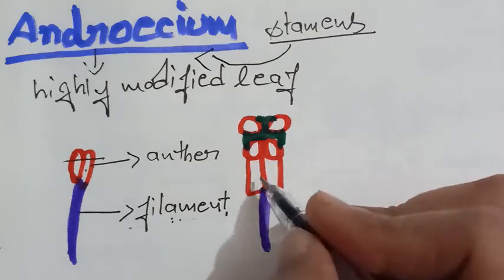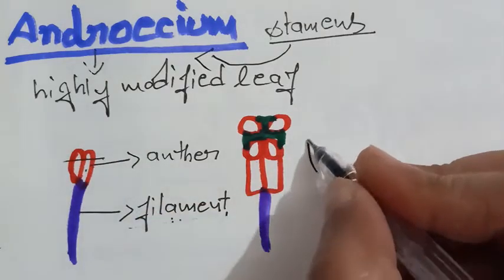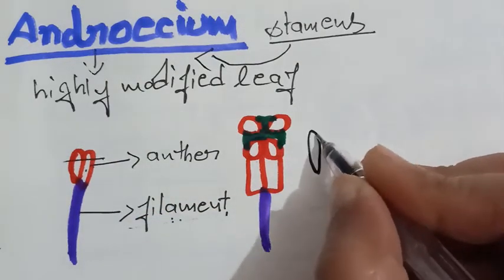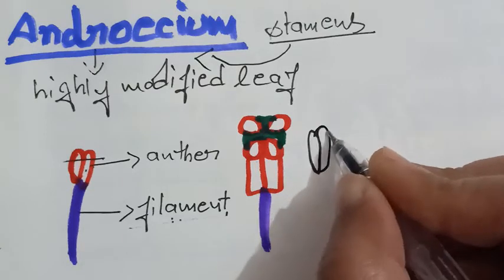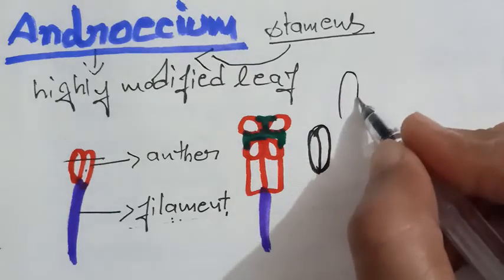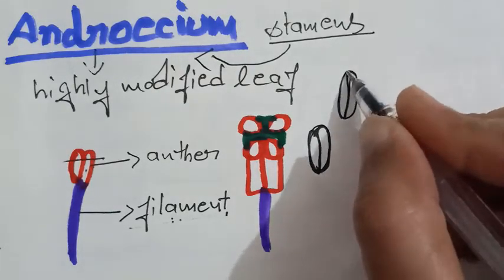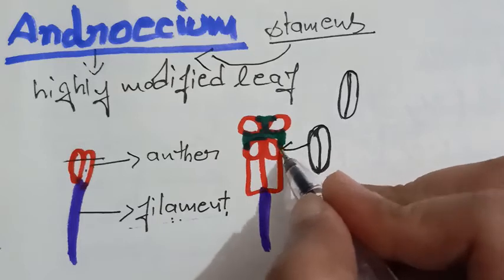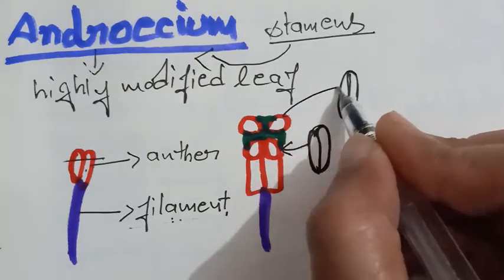So the anther is a bilobed structure, one lobe like this, and the another one is like this.